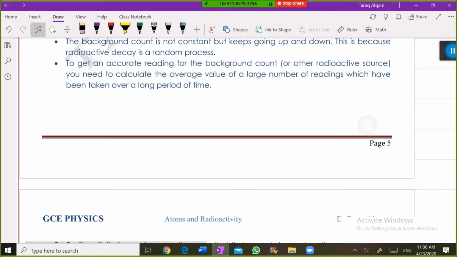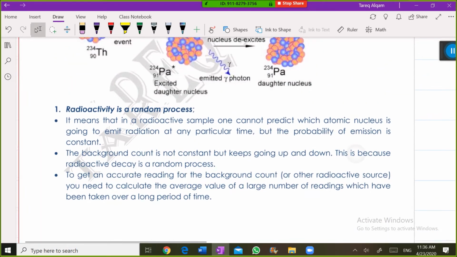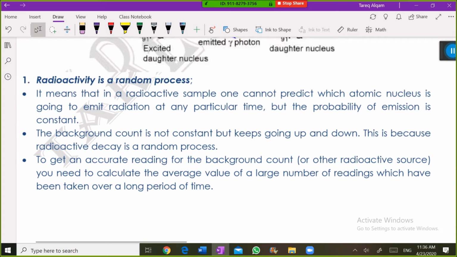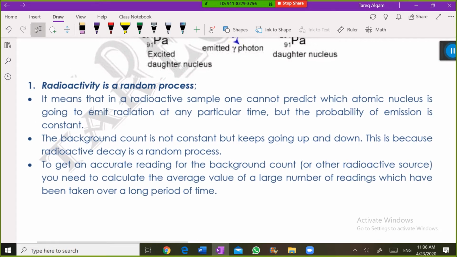Let's talk, guys, about the properties of radioactivity. The first property: radioactivity is a random process. There are several questions in past papers that ask what is meant by random process.